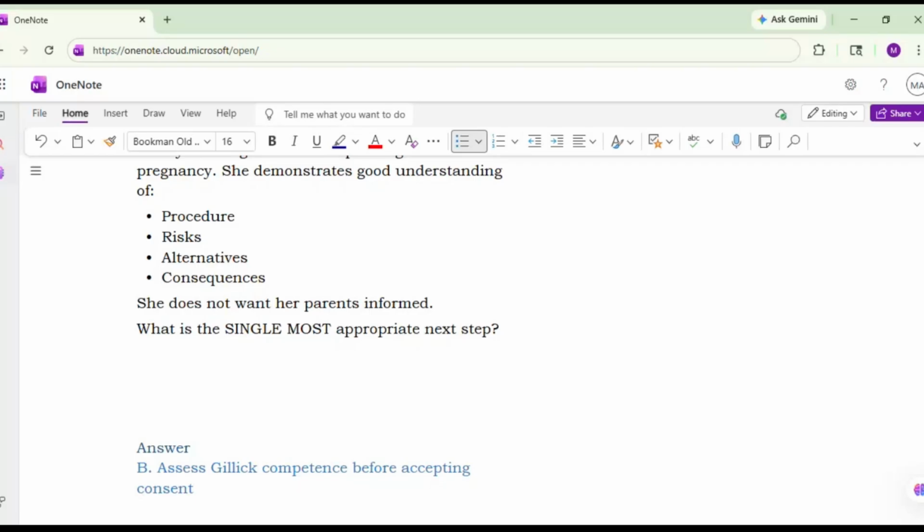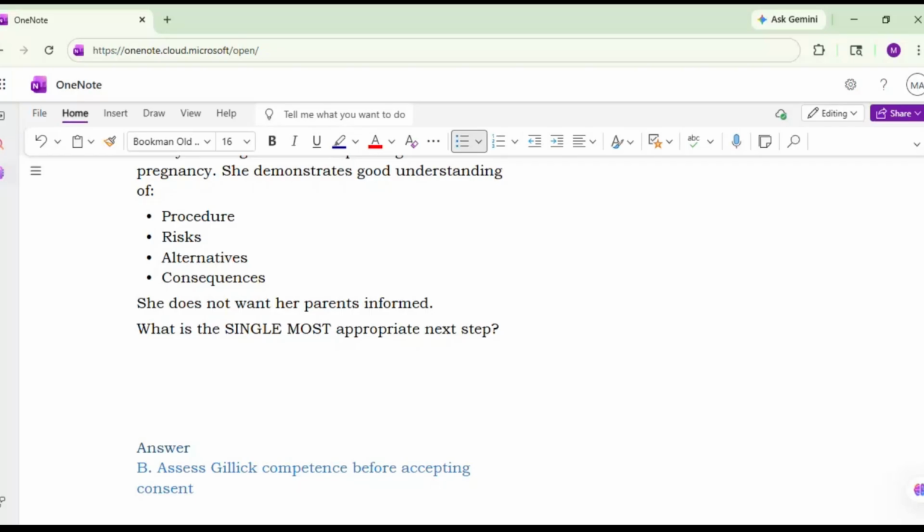E should be the better answer, but especially in part 3, there is a scenario which is very similar. There you have to explain the procedure to the patient. The patient understands. Then you have to cross check it: what you have informed, ask her to describe. You got it?